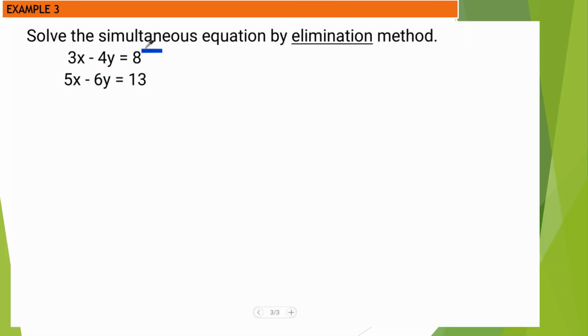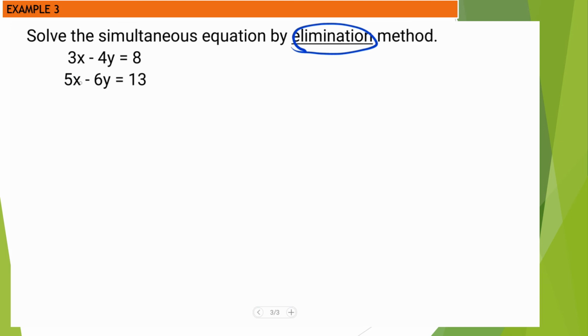Here we have simultaneous equations. We are going to solve them by the elimination method. So check the variables. 3x minus 4y equals 8, 5x minus 6y equals 13. As you see, none of the variables have the same numbers in front of them. The numbers in front of them are called coefficients.